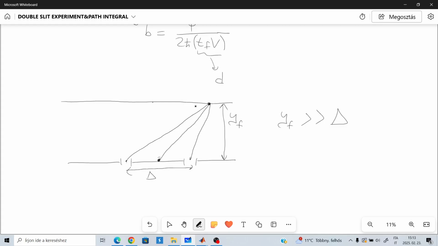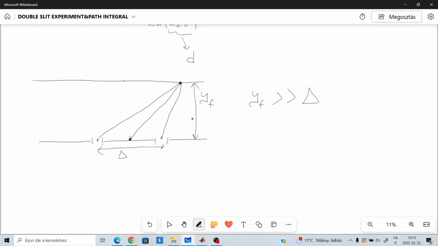And this is not really difficult to understand. For example, let's assume that we have this path first, and we consider these to be straight lines for convenience. So if we consider this path, and we call this path number 2, whereas this is path number 1. This is slit number 1, and this is slit number 2.